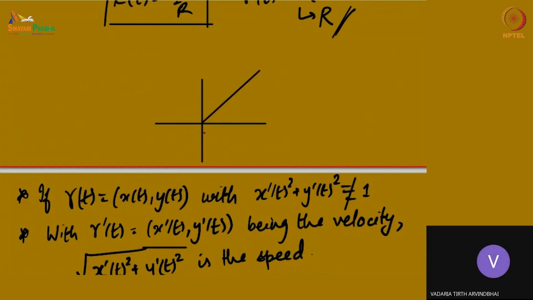For example, in this case, how will you find the distance from 0, 0 to 1, 1? This is my curve. So how will you compute the distance traveled?